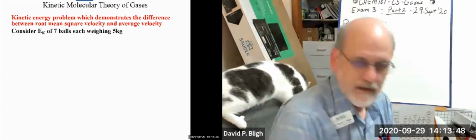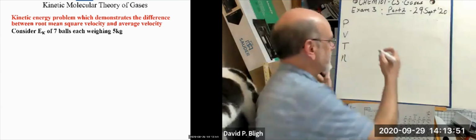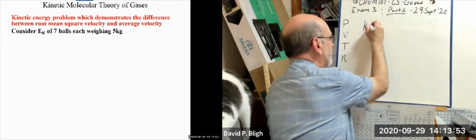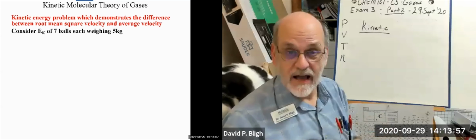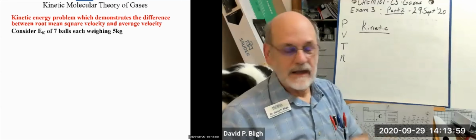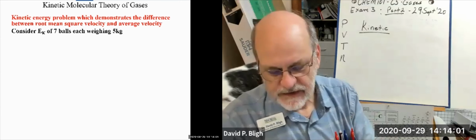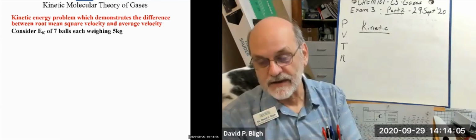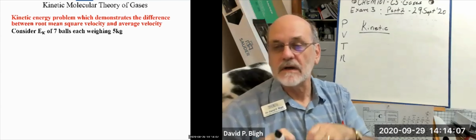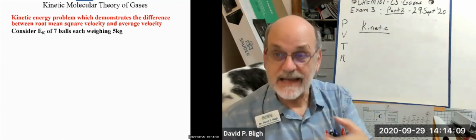Now, since we're talking about kinetic, kinetic implies motion. Even though we've made these assumptions about gas particles, each particle has a mass, which means it also has a kinetic energy.